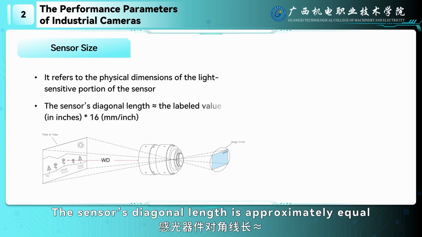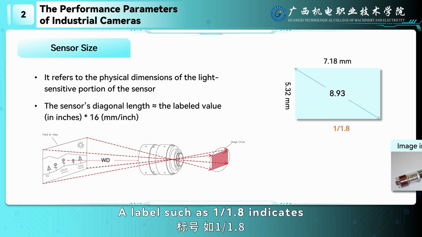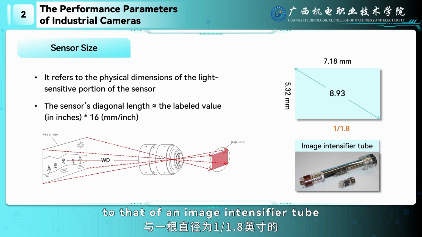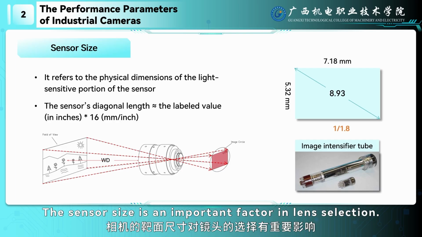The sensor's diagonal length is approximately equal to the labeled value, in inches, multiplied by 16 millimeters per inch. A label such as 1/1.8 indicates that the sensor's imaging area is roughly equivalent to that of an image intensifier tube with a 1/1.8 inch diameter. The sensor size is an important factor in lens selection.